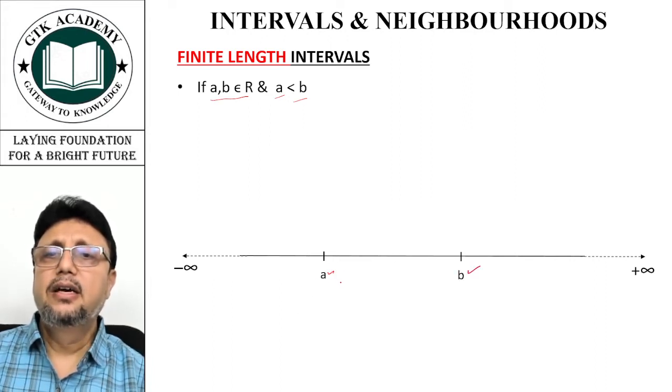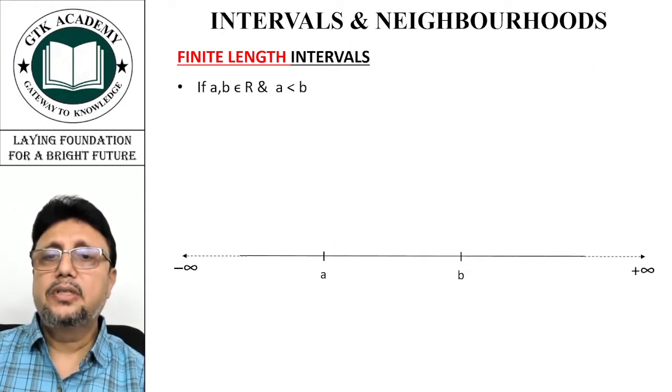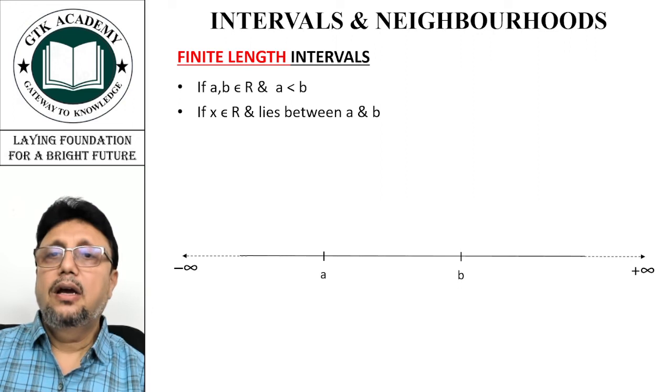You can clearly see that a is less than b. So a finite length interval means the set of all numbers lying between a and b, but here there can be four conditions. Any number which lies between a and b is a member of that interval.